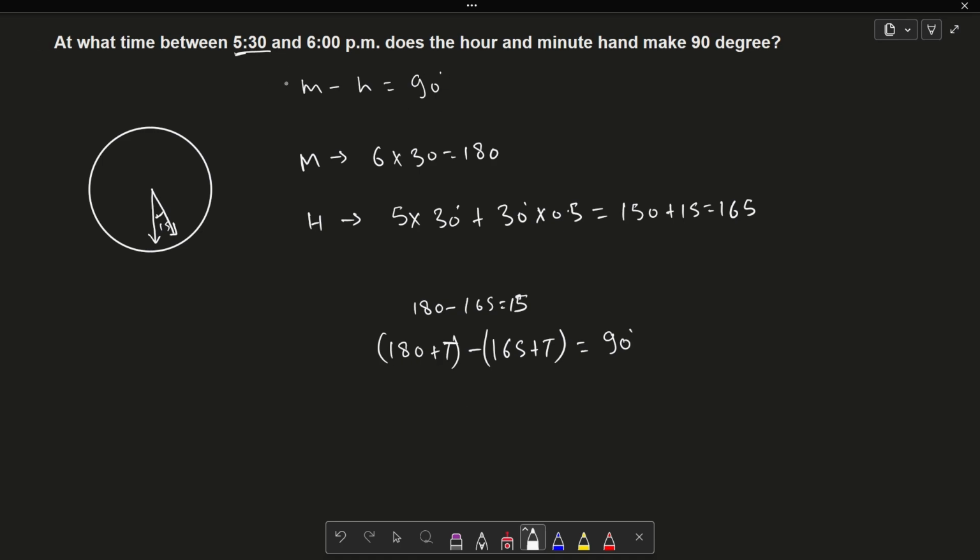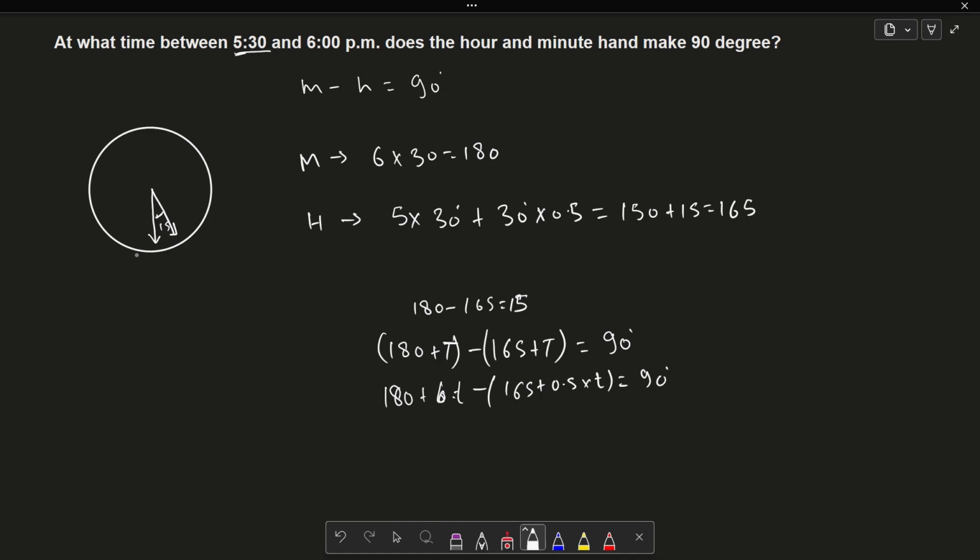Which will give you the answer 90 degrees, right? Since there is only a difference of 30 minutes between 5:30 and 6, this is surely going to be in minutes. So 180 plus 6 into some time t, where 6 is the speed per minute for our minute hand, minus 165 plus 0.5 per minute for the hour hand into t, which will give me the answer 90 degrees.